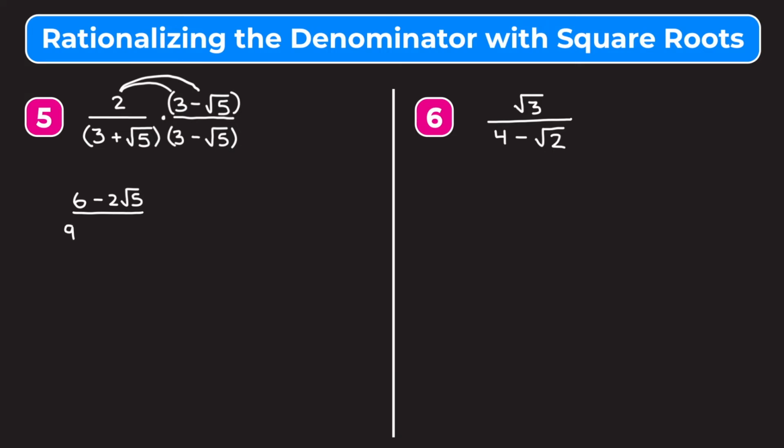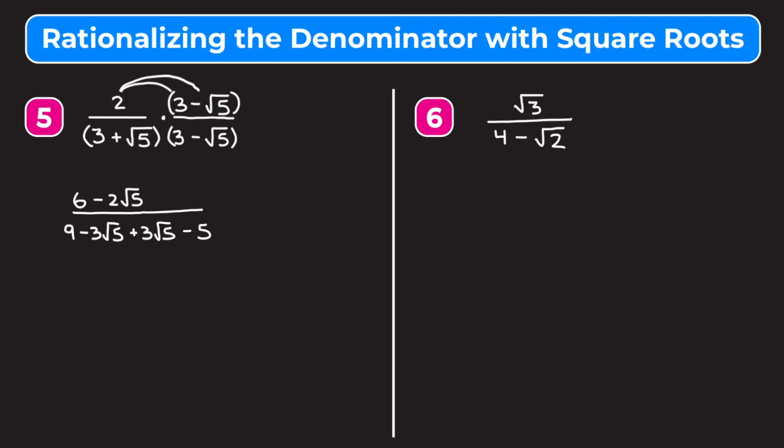We do outer: we multiply the 3 by the negative root 5, which is negative 3 root 5. We do inner: we multiply root 5 by positive 3, which is plus 3 root 5. And we do last: we multiply the root 5 by the negative root 5, and we get negative 5. Because remember, when you multiply roots by itself, we're left with the number underneath. But because we have a positive root 5 and a negative root 5, it turns into negative 5.